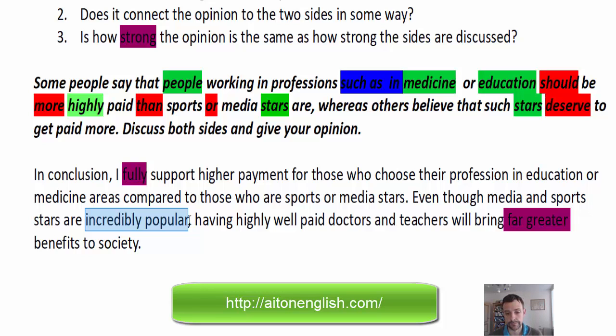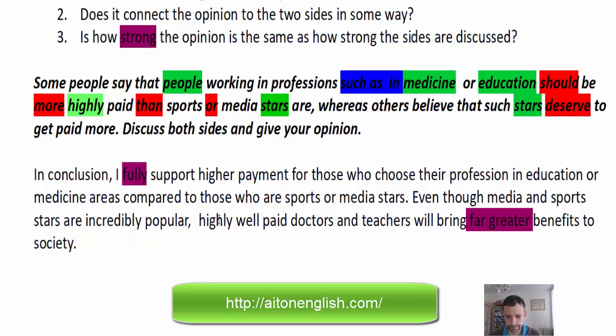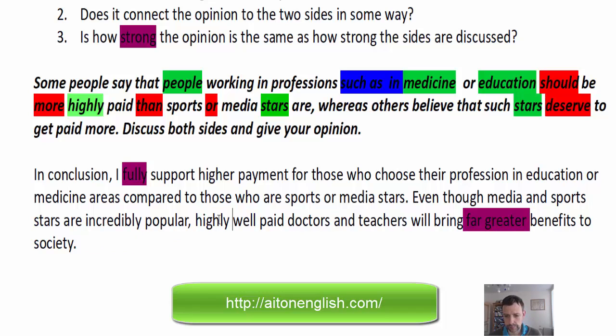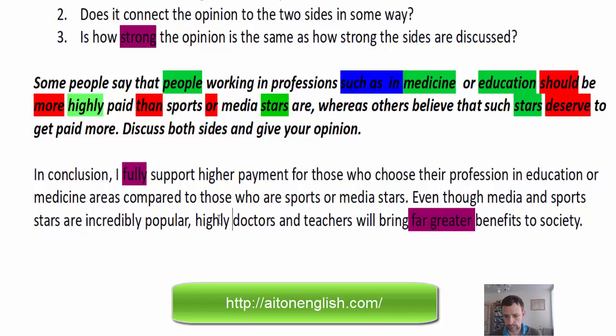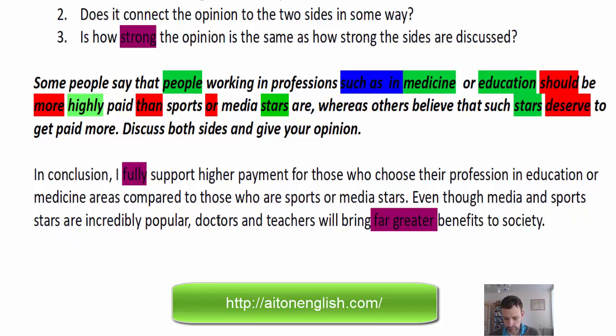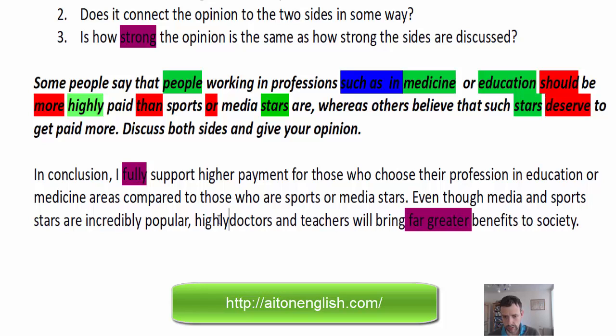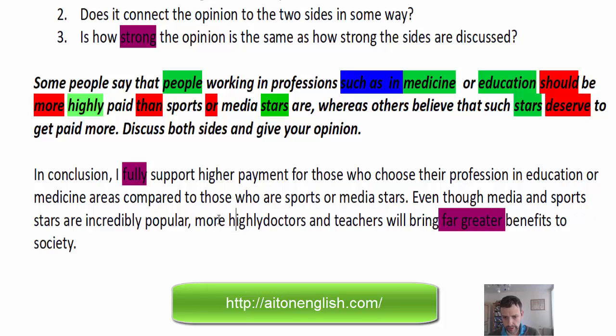Yeah. Yeah, I mean, you do have the idea if they deserve. Yeah, having highly well-paid doctors and teachers will bring greater. Maybe changing it a little bit. Incredibly popular. Yep. More highly paid.